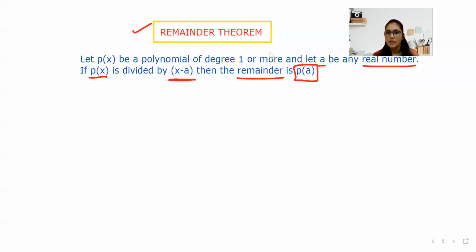Now I will take one example and we will understand how to make use of the remainder theorem.